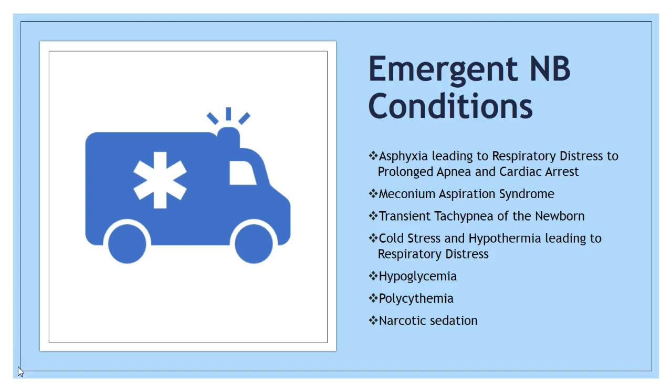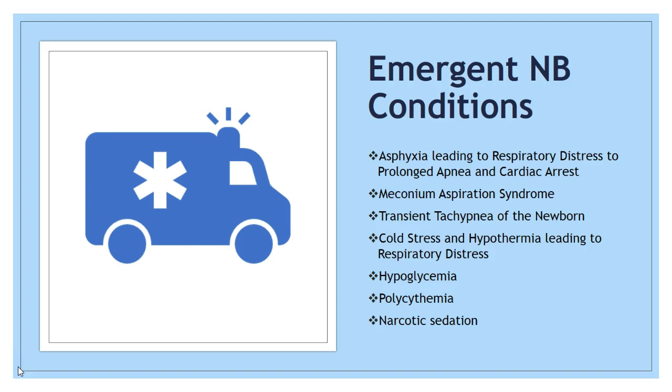You'll be able to see fluid in the lungs on the x-ray. For those guys, we want to promote oxygenation. We can also treat that with antibiotics prophylactically until they have a blood culture and that blood culture is clear. So we don't want to look at transient tachypnea of the newborn on an x-ray, believe that it's TTN, not treat it, and then it ends up being something more serious like meconium aspiration syndrome or some type of pneumonia.